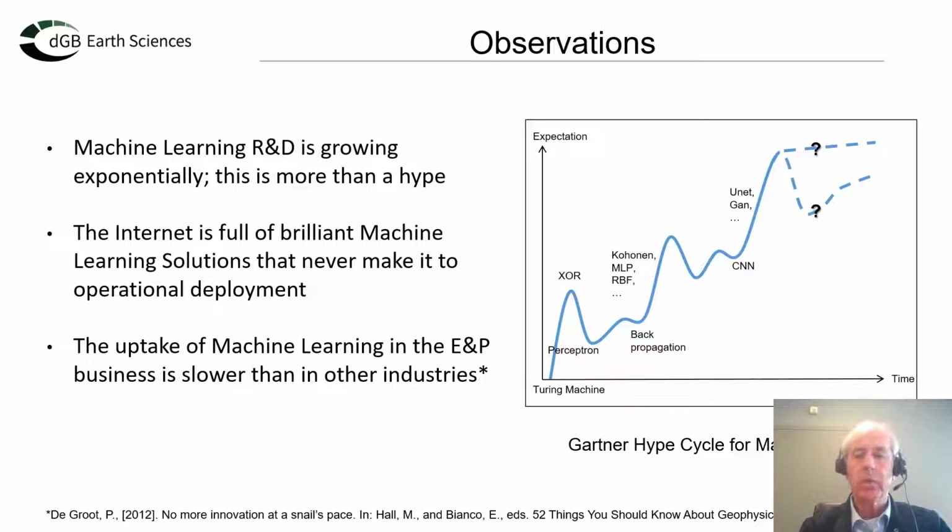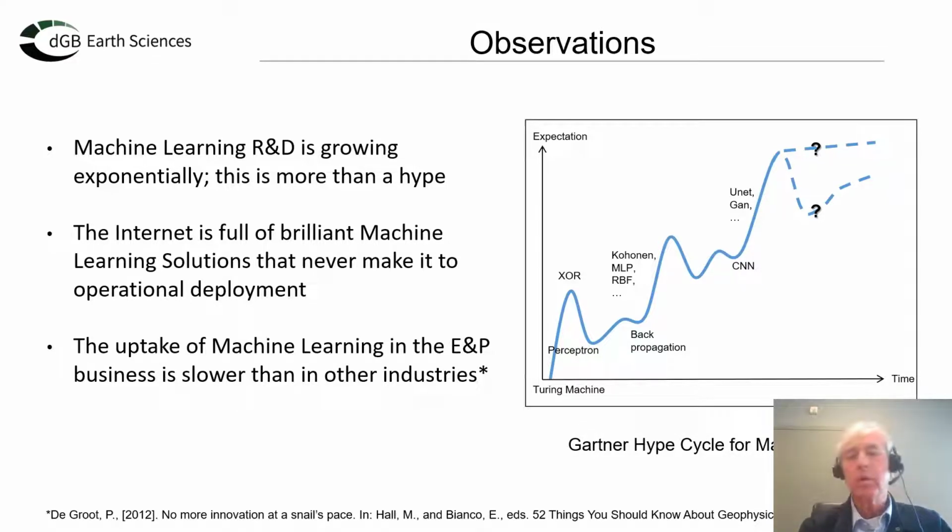Many years ago, I wrote a small piece about this. I called it "No More Innovation at the Snail's Pace." It was published in 50 Things You Should Know About Geophysics, a publication by Hallam Bianco. Basically I argued that we think we are very forward-looking and advanced in our technologies, and we're innovators.